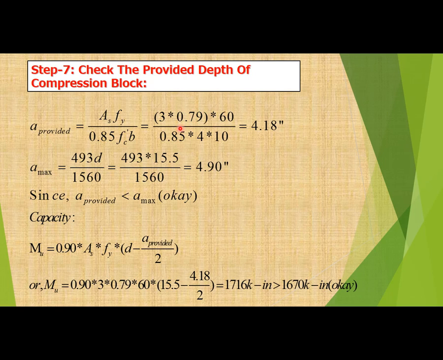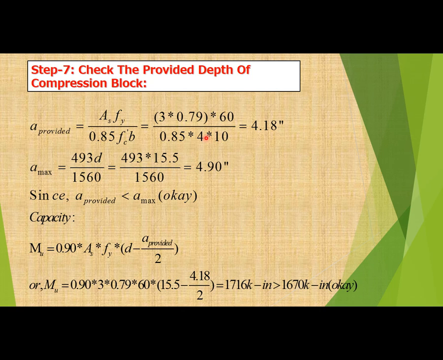You know that we have used 3 number 8 bars, so the provided area equals 3 times 0.79, times the value of fy equal to 60, and f'c equal to 4 and b equal to 10 inch.